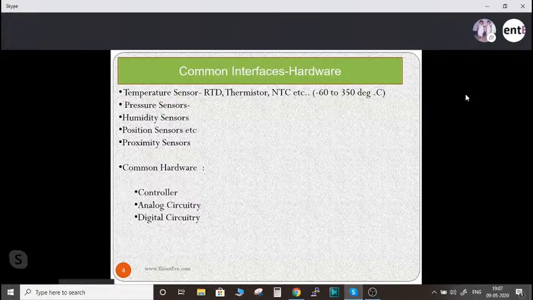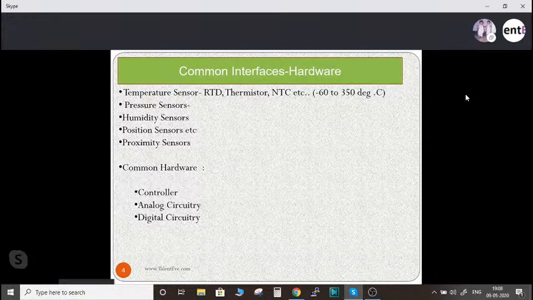If I do the hardware design for that process industry and then move to automotive, the hardware is the same, the controller is the same, the analog circuitry is the same, the digital circuitry is the same. Maybe my specifications vary, but my domain knowledge may be different. Maybe I don't understand what a throttle is, or how the car works, or how the auto brakes work. These are things I may not understand. They are related only to that particular domain.